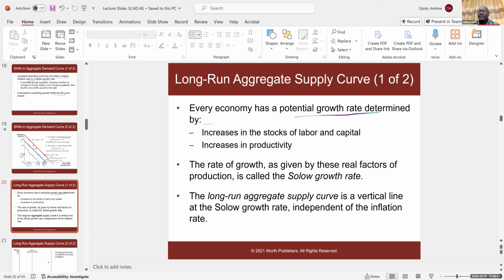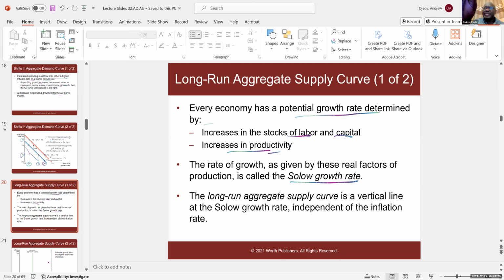Okay? So that potential output means you have fully exhausted your stock of labor and capital, and you have maxed out your technology, since the increase in productivity comes from technology. So the rate of growth as given by these real factors of production is what we call the Solow growth rate.